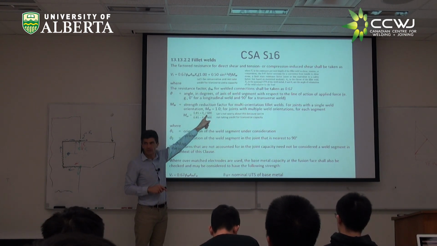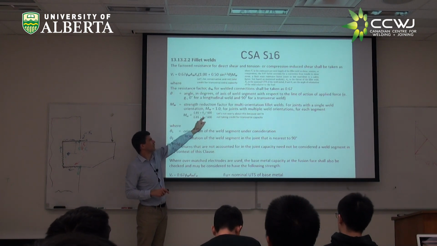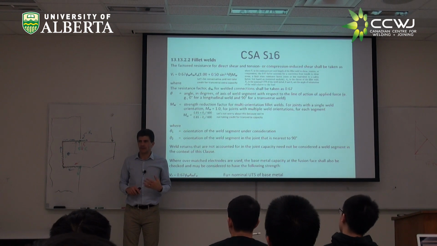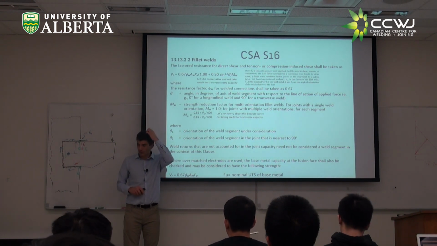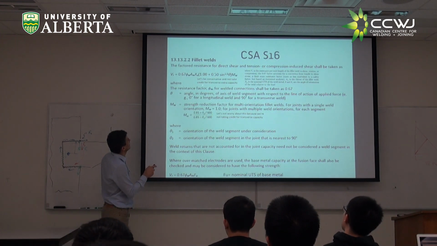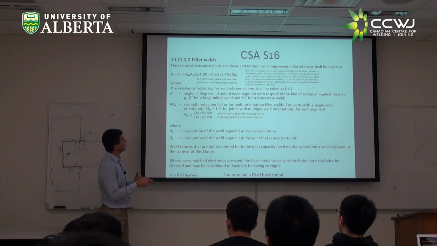If this is 0, this goes away, and when this is 90, this becomes a 1. So it can be as small as 0.85, but they don't do that in the literature that we have from the labs. So they don't do this, and they don't do this.